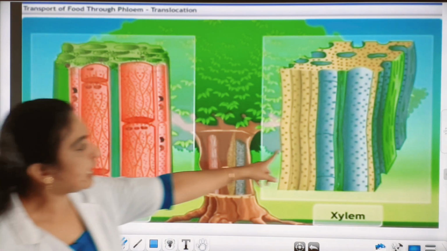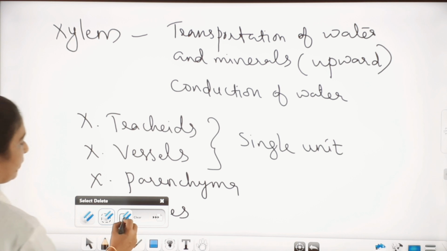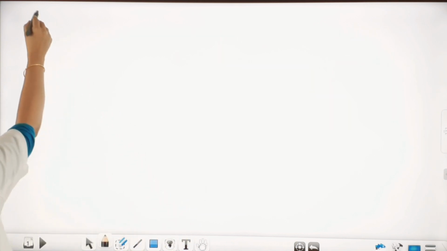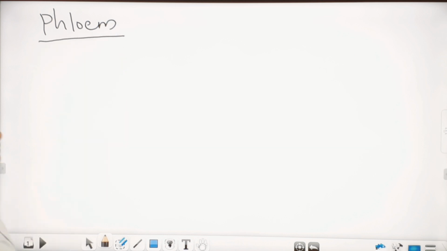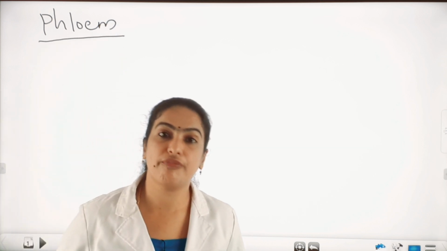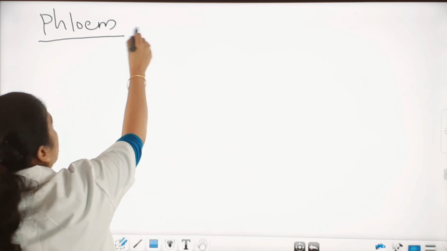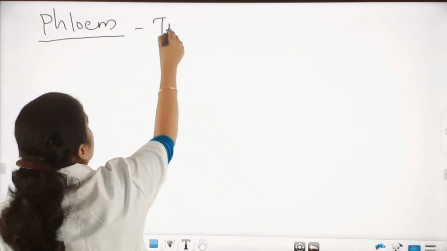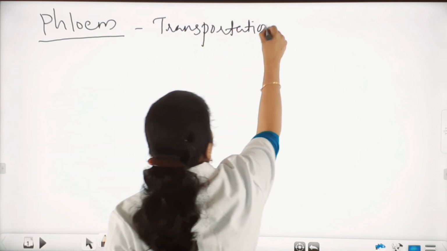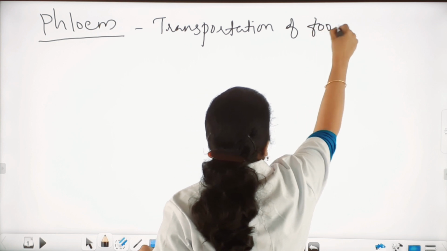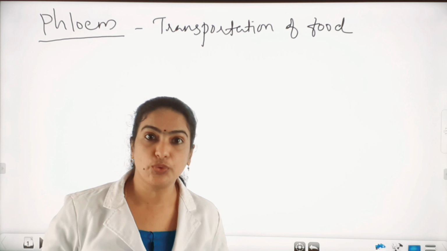So this is xylem. And now we can see about phloem. Phloem helps in the transportation of food from the leaves to different parts of the plant body, including roots.